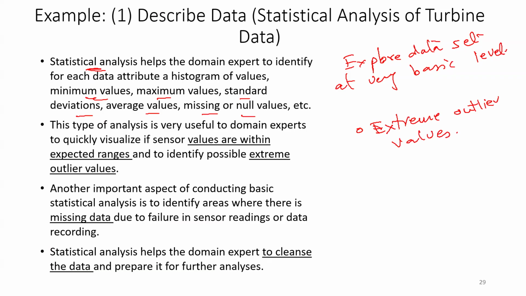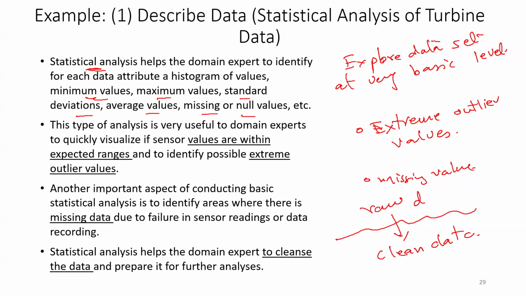Additionally, this step helps us to identify any missing values. Basically, overall it helps us to get clean data. We have raw data, and then we do this statistical analysis that helps us to get the clean data, which is very critical.